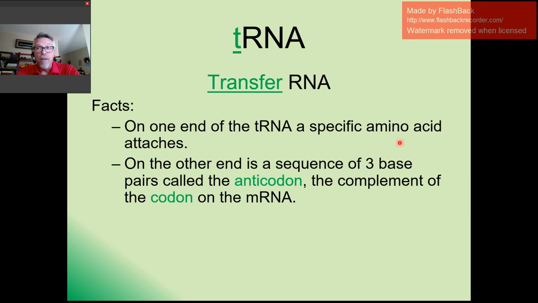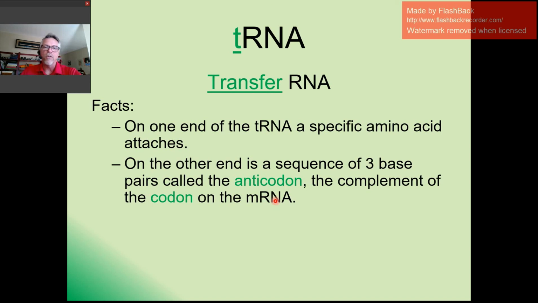The tRNA is going to help produce that protein chain, and it does so by having one specific amino acid at one end of a tRNA molecule, and at the other end of the tRNA molecule is a sequence of three RNA bases called an anticodon. This anticodon will match up with three nucleotides on the messenger RNA.